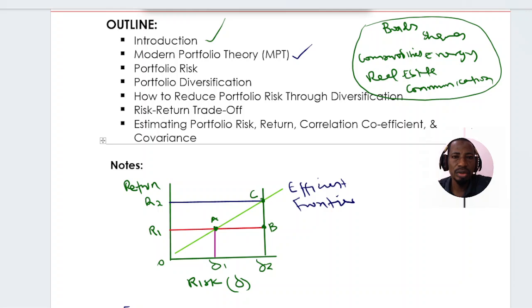Diversification will help a rational investor to minimize portfolio risk because it is believed that instead of investing all one's financial resources on a particular security or asset, you should spread out the available investments across several assets, such that if one is not doing well, there will be others to fall back on.